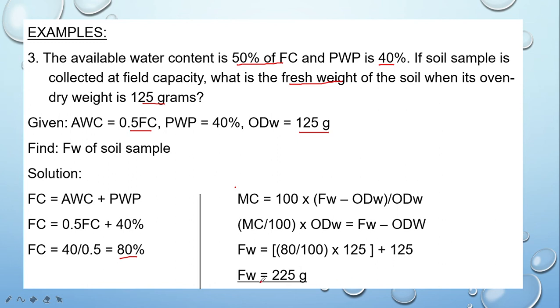And so the fresh weight here is 225 grams. So if we are going to check, you may check 225 minus 125.